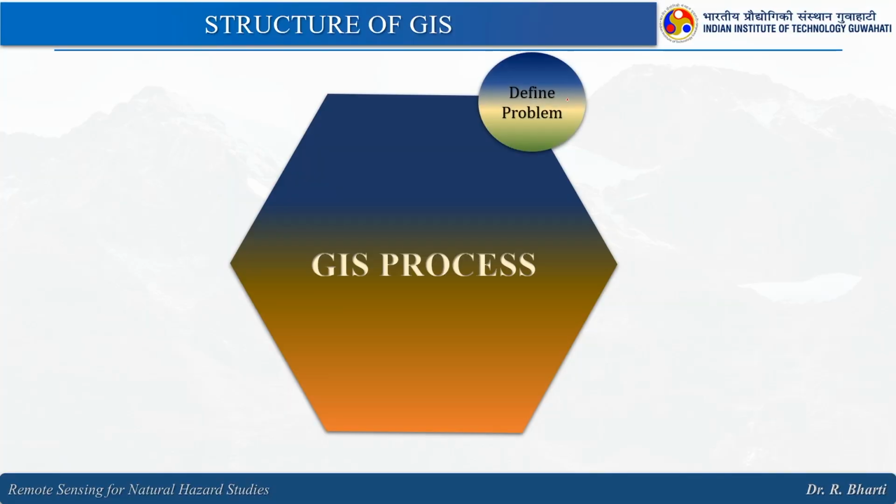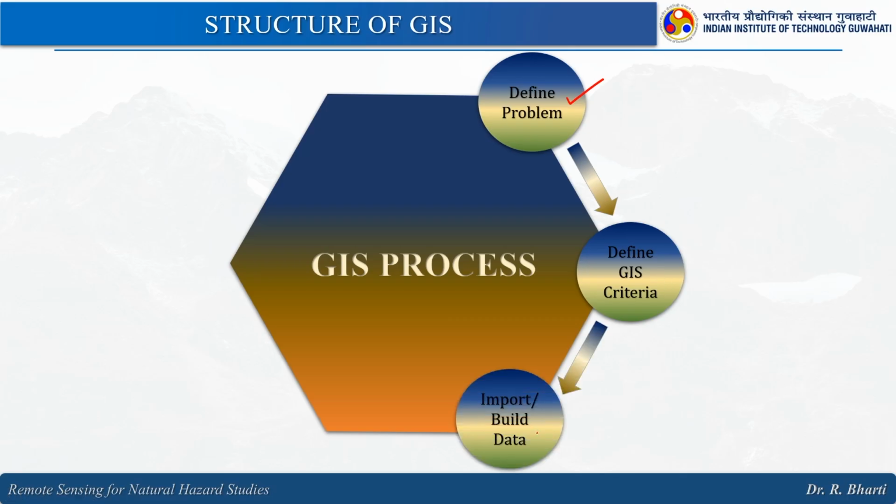The first step is to define your problem. Here we have defined that we wanted the landslide susceptibility map. Then define the GIS criteria, and then build or import the database. Then GIS analysis, where the analysis can be anything, AI, ML or machine learning, or even a simple regression analysis.